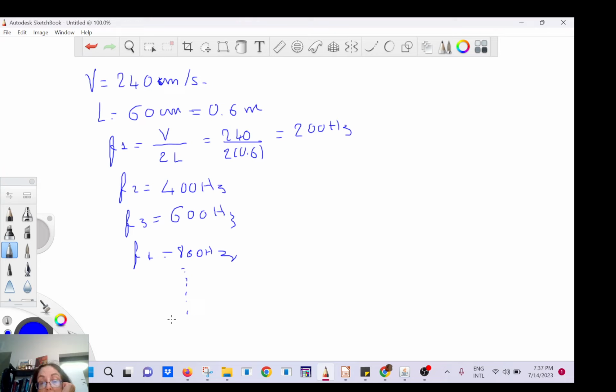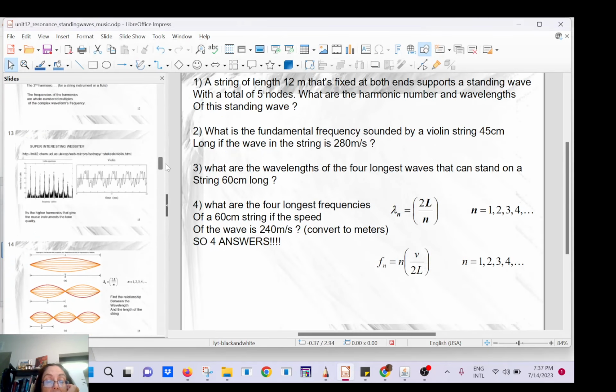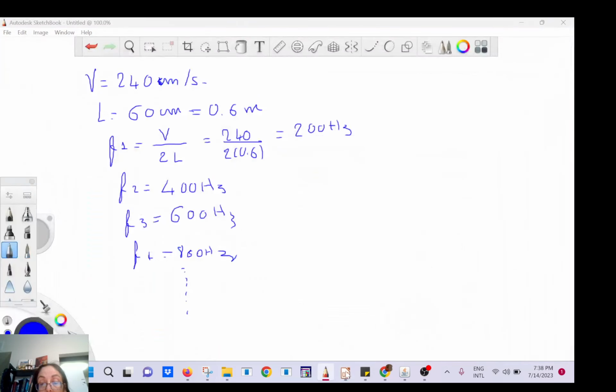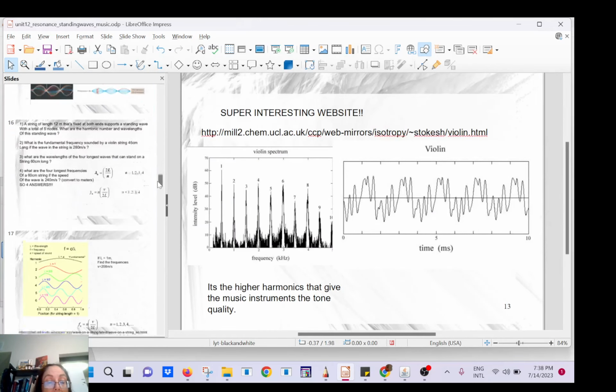But of course, when you are playing music, it's really the first ones. Like if you're looking at a violin, after the tenth one, you don't hear anything. I mean, there is no more, right? Even though there is, in theory, an infinite number of harmonics.